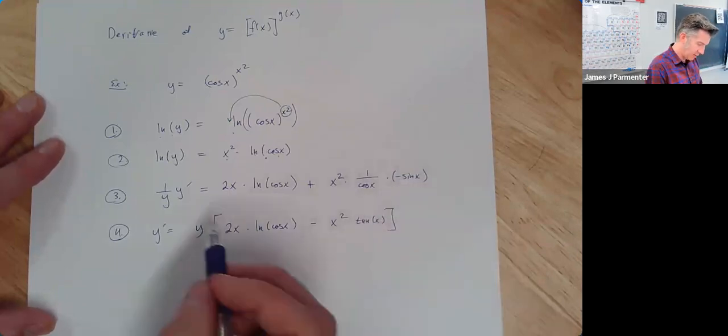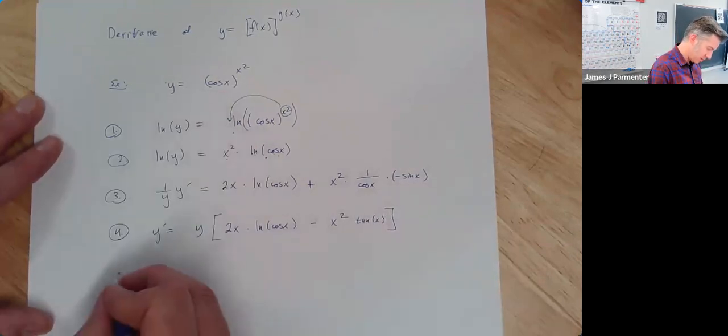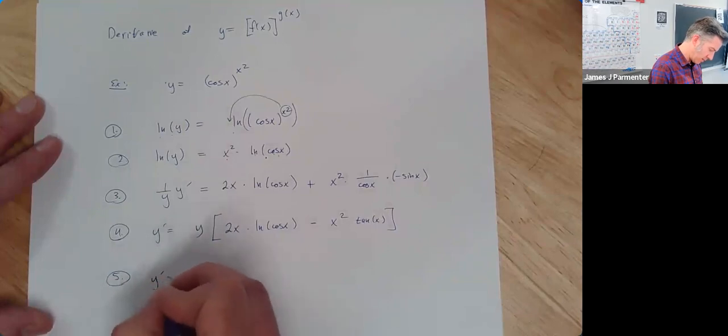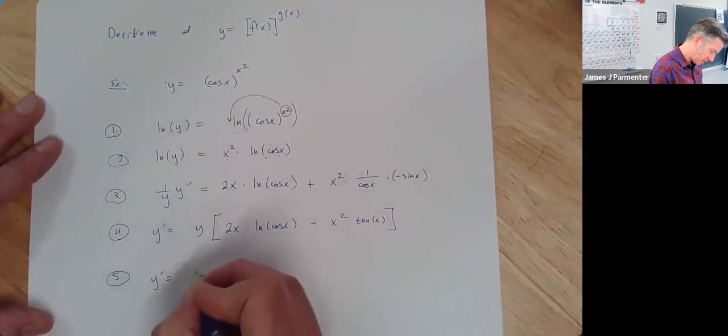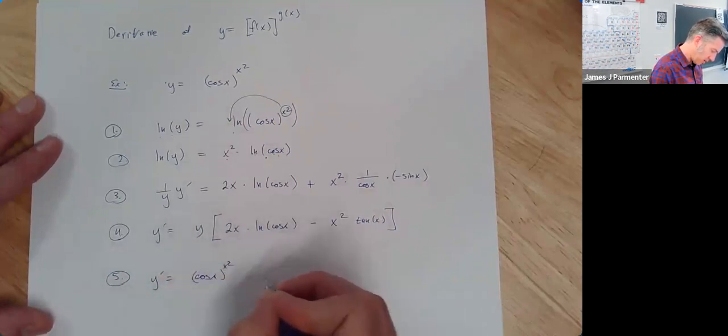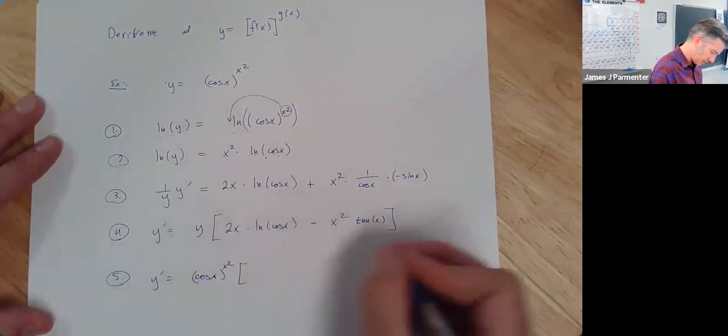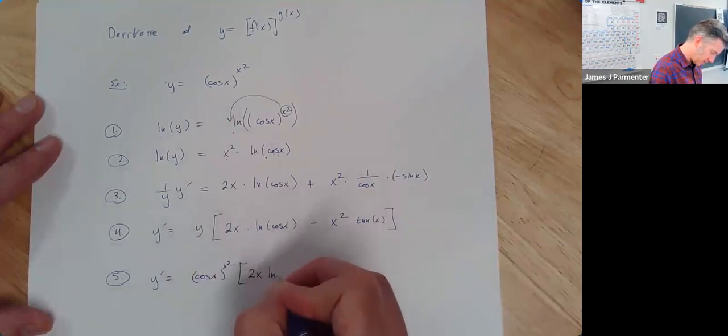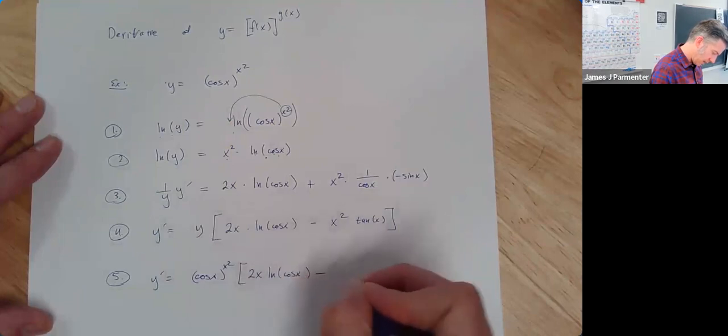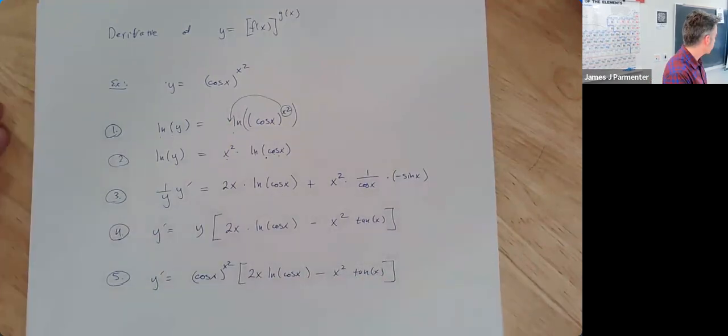And then finally, I replace y with what it's equal to, so I get y prime equal to cosine of x to the x squared power, all times this stuff here, 2x times natural log of cosine of x minus x squared times tangent of x. This is the process. There really isn't a better way of doing a problem like this.